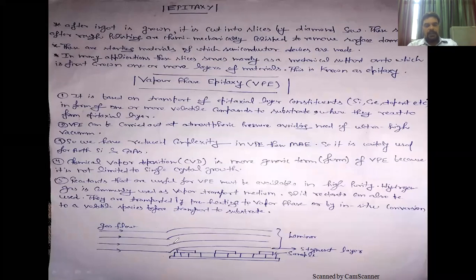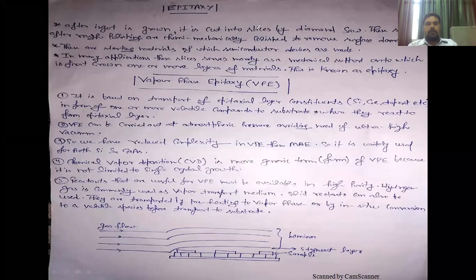You can see the layer by layer flow of the gas over the sample, and this is basically the laminar flow. This gas flow is strictly laminar flow. Laminar flow needs to be maintained in case of vapor phase epitaxy. We do not want to create turbulent flow. We want to create laminar flow.